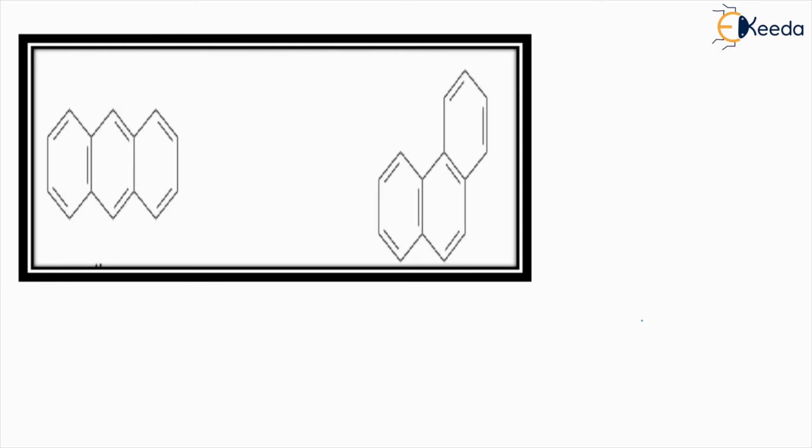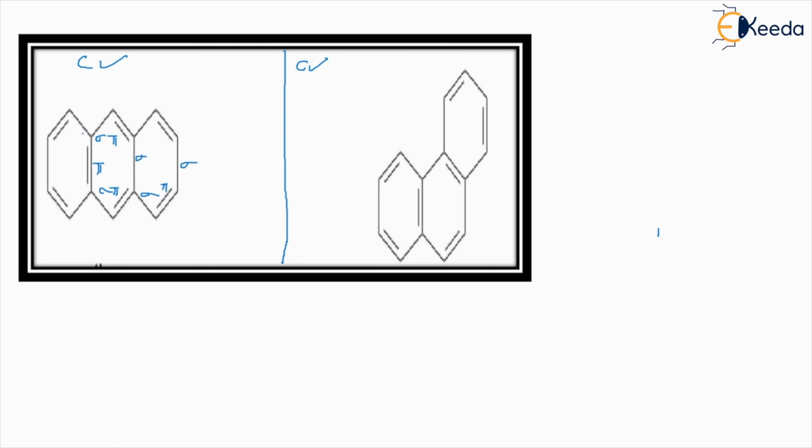We have a triple series over here. Now this triple series, for both the compounds it is the same. You have 3 benzene rings for both of them. So let's first classify both of them. Cyclic, yes. Cyclic, yes. Conjugated, sigma, pi, sigma, pi, sigma, pi, sigma, pi, sigma, pi, and so on.